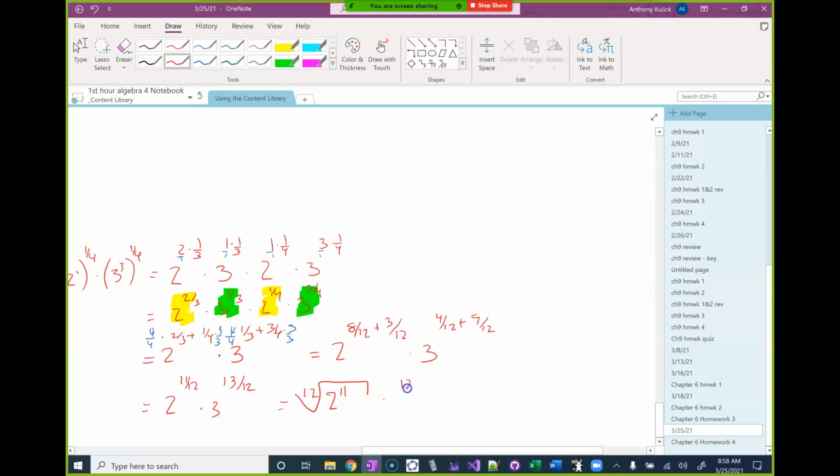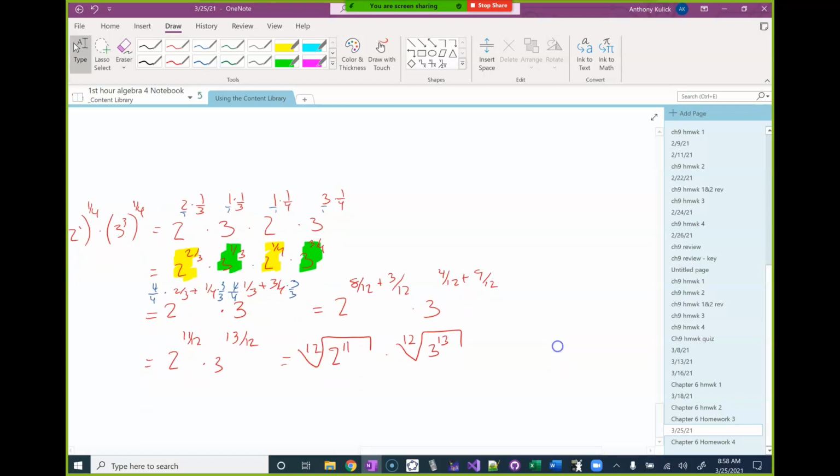So I could really think about this as 3 to the 12th times 3 to the 1st. Everybody see that? So I do have a packet of 12 there, so I can take that 3 out.